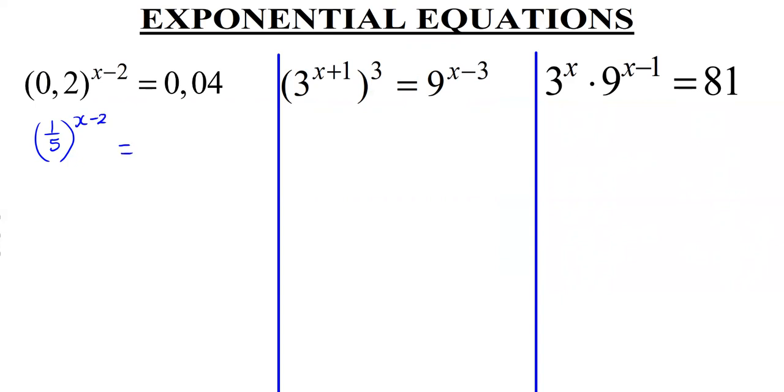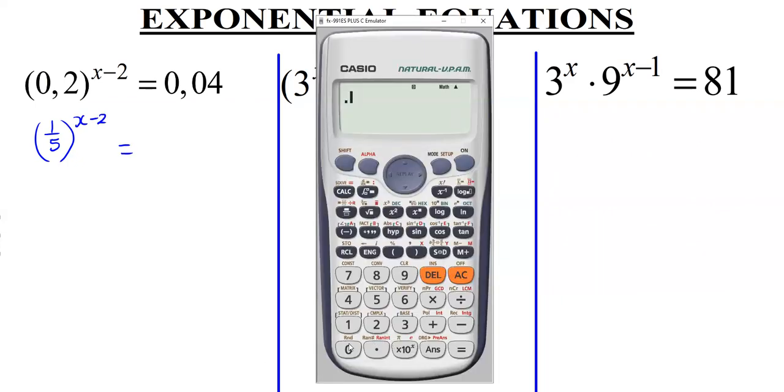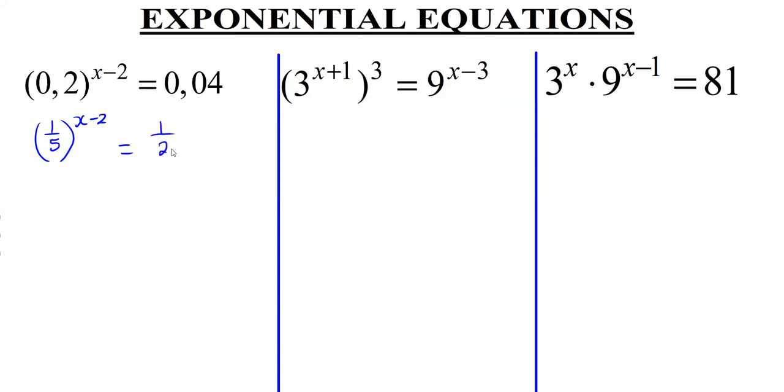This is equal to, then here you say 0.04 is equal to 1 over 25. Now, 25 is 5 squared, so it's 5 times 5. So here, (1/5)^(x minus 2) is equal to (1/5)^2.